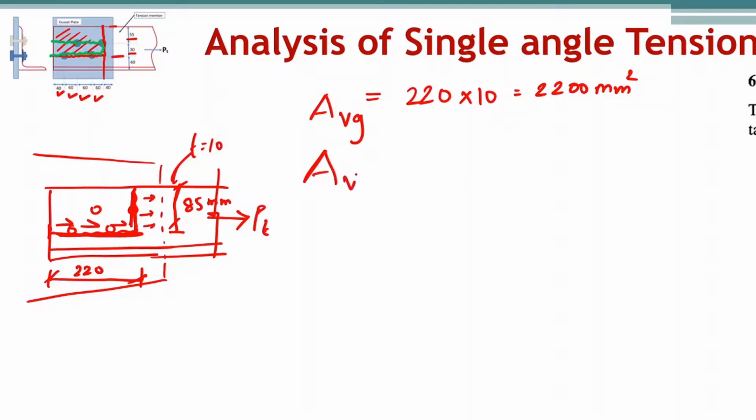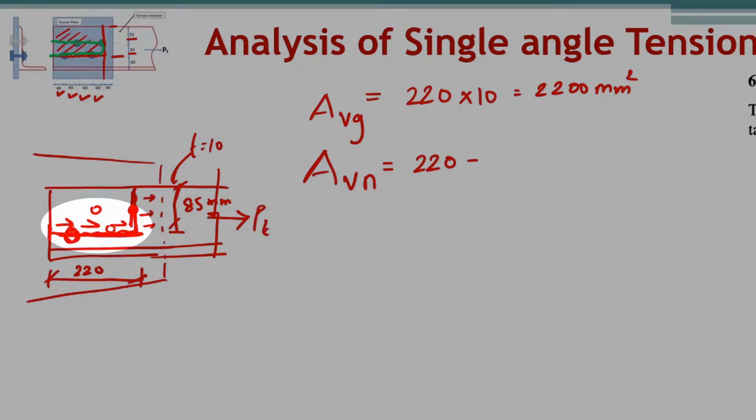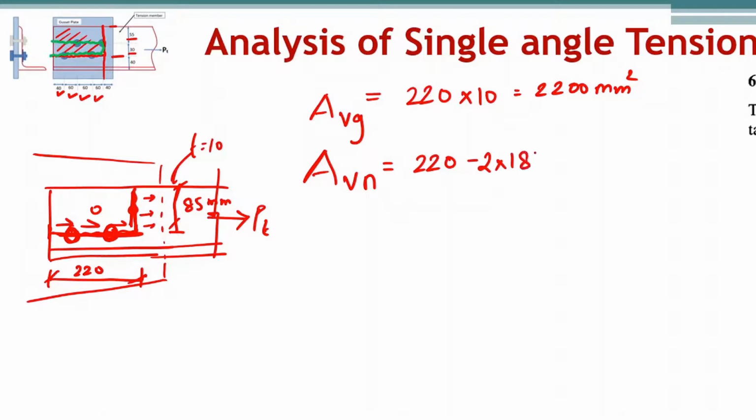And the net area in the shear failure plane, ABN, is width minus the number of bolts in the shear failure plane: 1 and 2, two complete holes. So 2 times the dia of hole 18 into 10, which is equal to 1840 mm square.